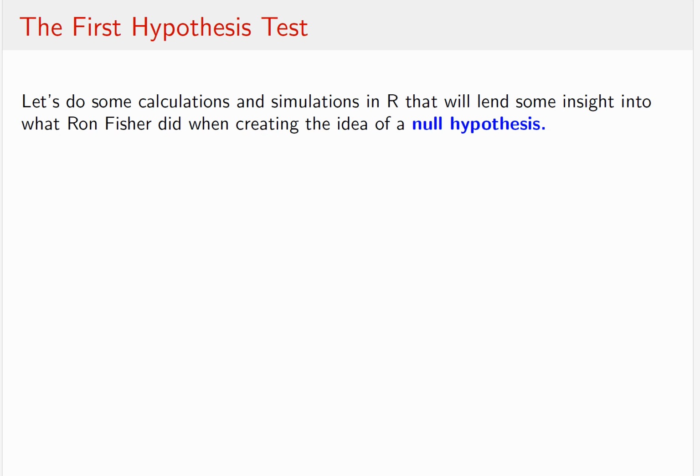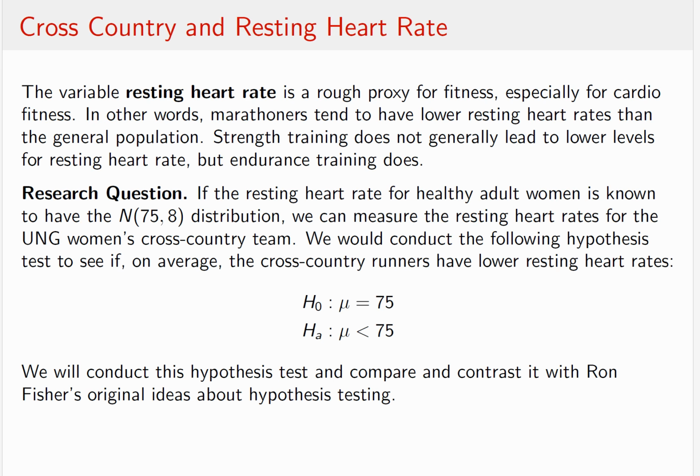So we already did this in the notebook, so what's the second task about? Well, assume that for the UNG cross-country team, and we have data that's in the notebook. But the key thing here is that for healthy adult women, typically heart rates have a bell-shaped distribution.